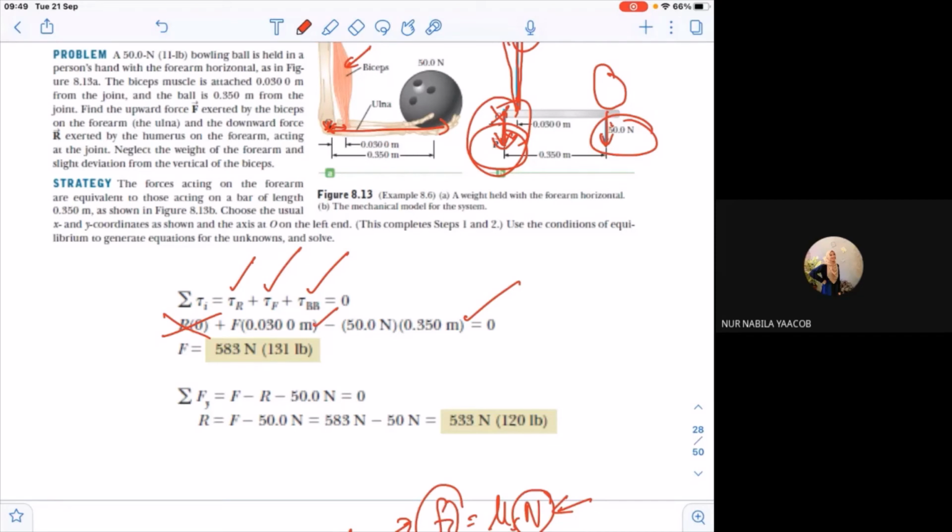So in the end, we will get the force of the bicep, which is equivalent to 583 Newton. And using the summation of Fy equals to 0, so you will get F minus R, okay, because F is upward, R is downward, and 50 is downward also, so you will get the downward force equivalent to 533 Newtons.